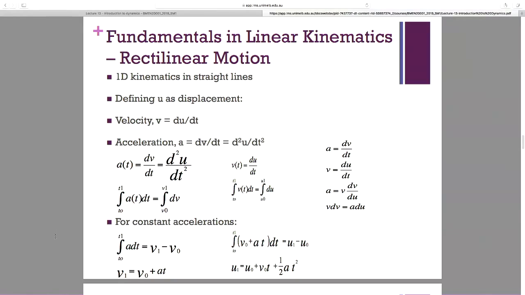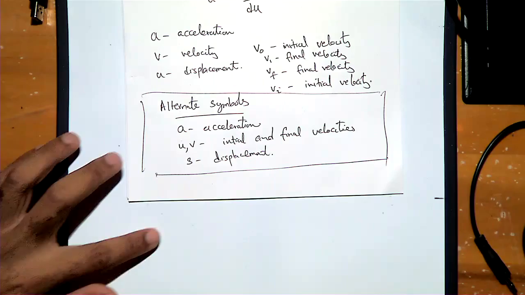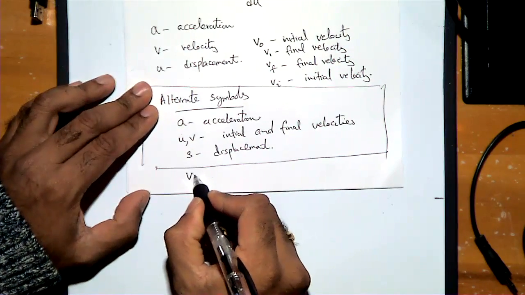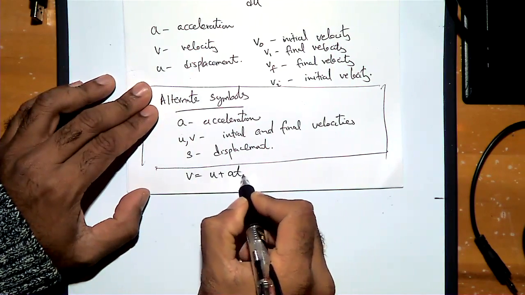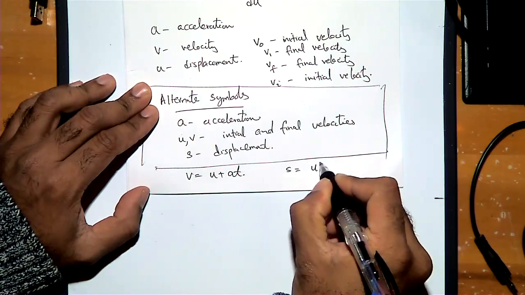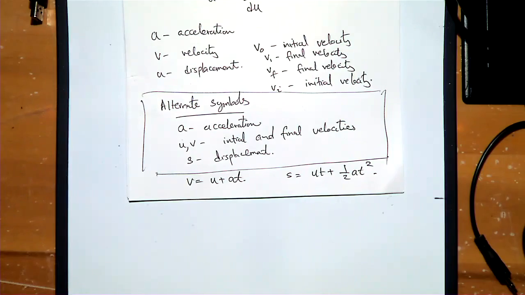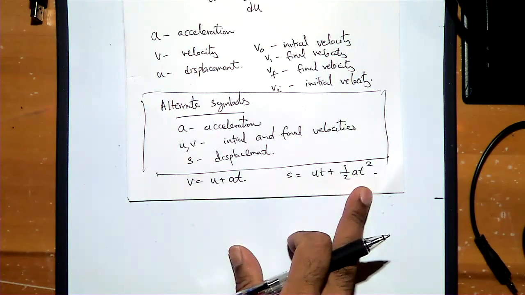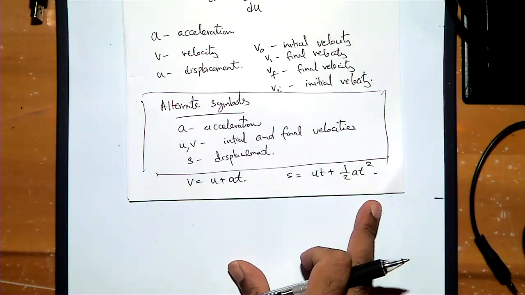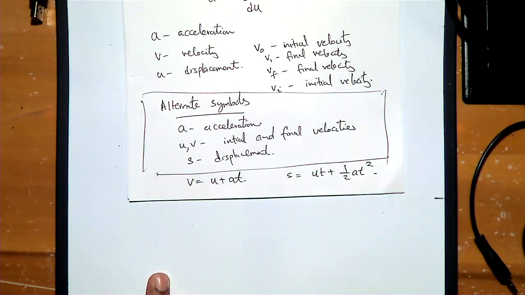And I'll also mention that the other way you can write this is V equals U plus AT, and S equals UT plus half AT squared. Okay, so that's using the alternate terms.